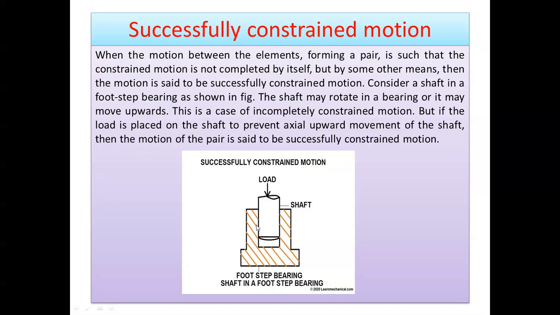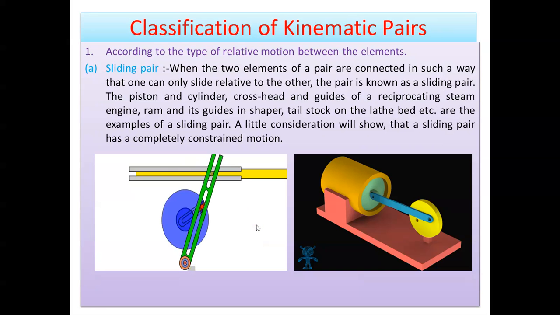Then moving next, classification of kinematic pairs. Here we have three major classifications for kinematic pairs. The first one is according to the relative motion between the elements, as you can see here.